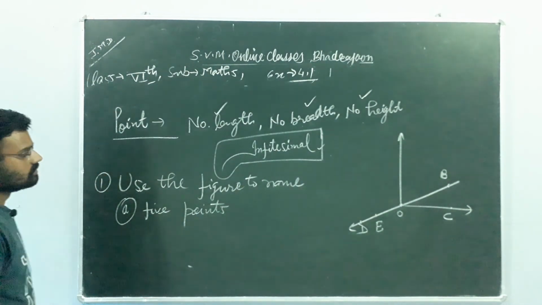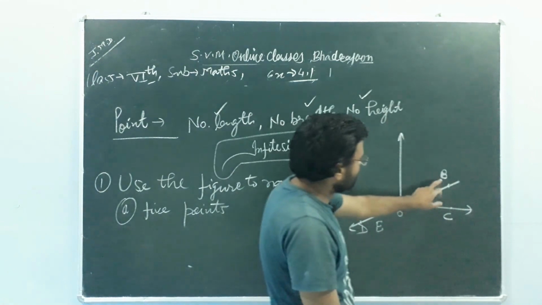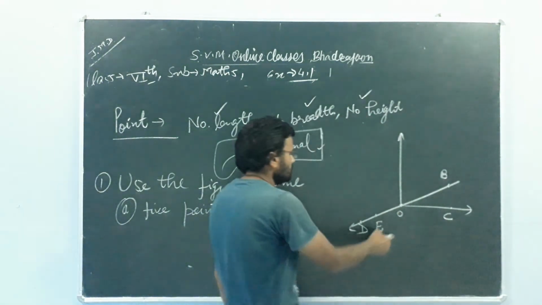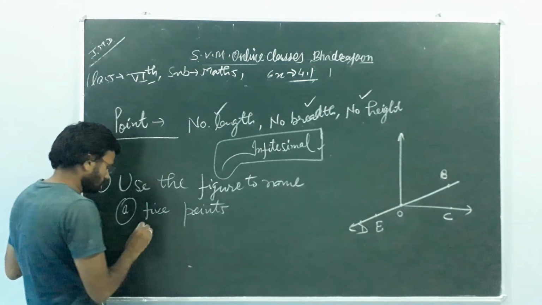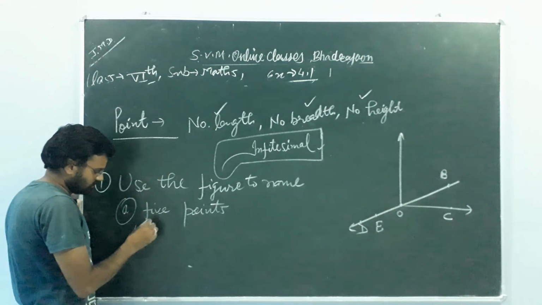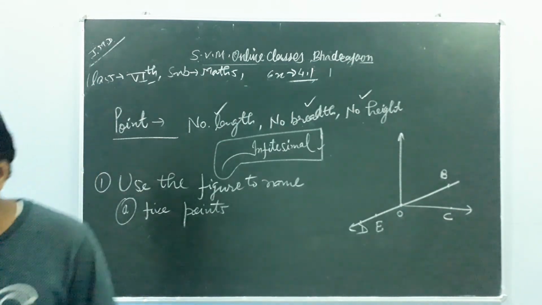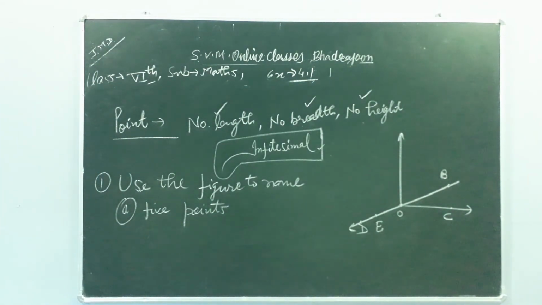So 5 points are there. This is point B, C is a point, D is a point, E is a point, O is a point. So I am going to write the 5 points in a sequence, not numbering them.